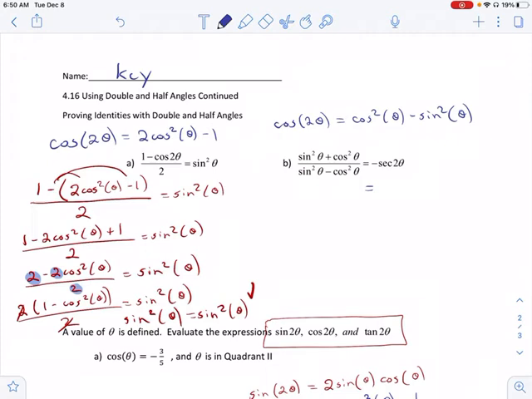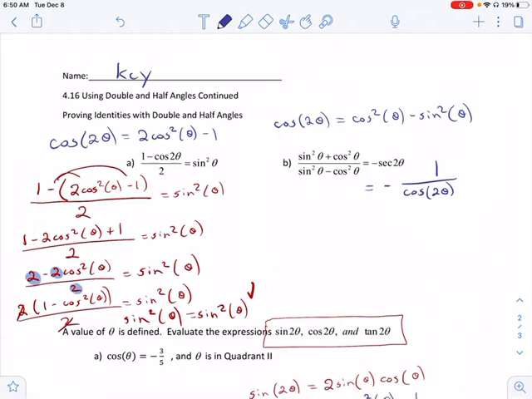So I have this negative secant 2 theta. Well, in reality, I could write this as the reciprocal, cosine 2 theta, because I have a double angle identity for cosine 2 theta. That left-hand side, I'm actually going to leave as it is for right now.